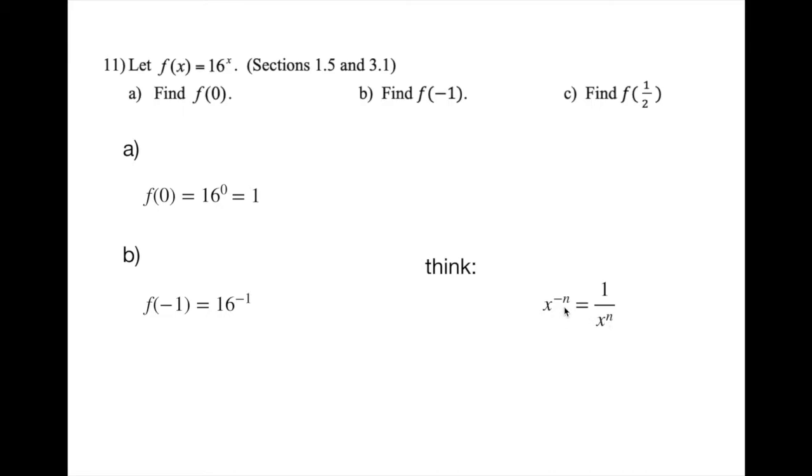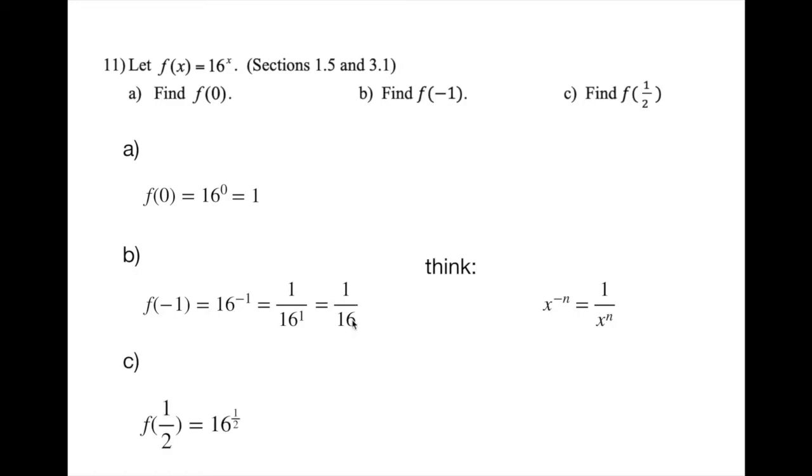So x to the negative n power will become 1 over x to the power of n. So this one will become 1 over 16 to the power of positive 1. And 16 to the power of 1 is just 16. So for B, the answer is 1 over 16.